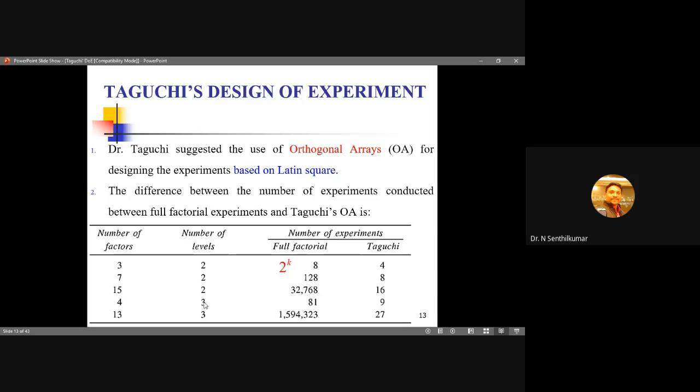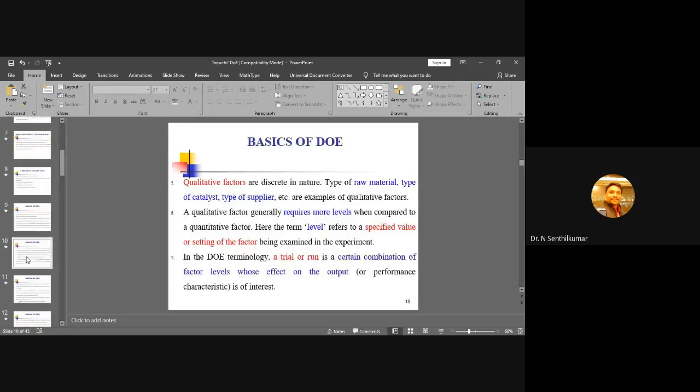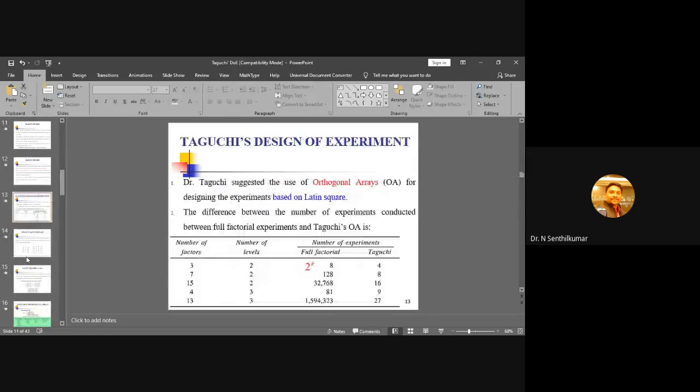But once we move on to a 3 level design, it becomes a 3 power k design.